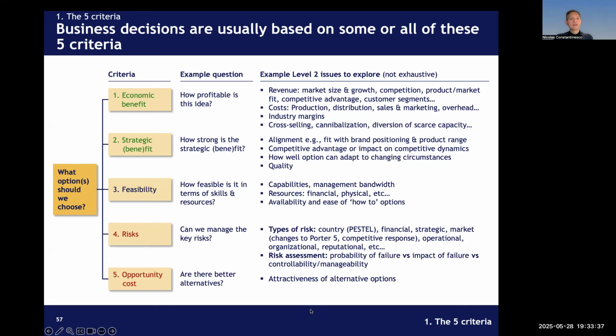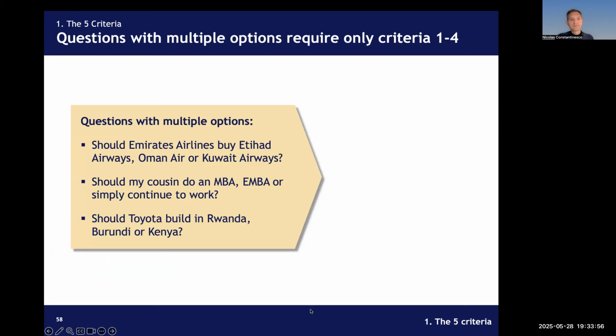So that's very nice. And that was for the yes or no questions. If I make the question more complex, so I give more options, for example, like this, should my cousin do an MBA, or simply continue to work or whatever?